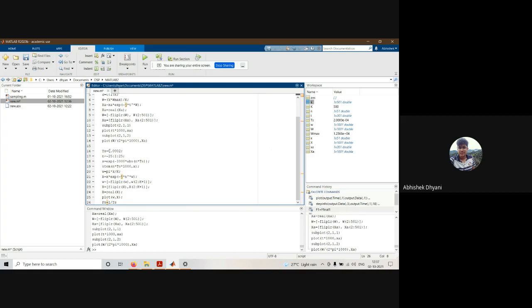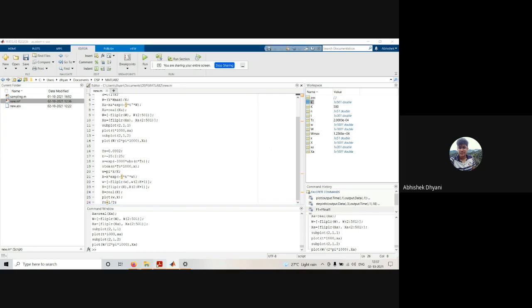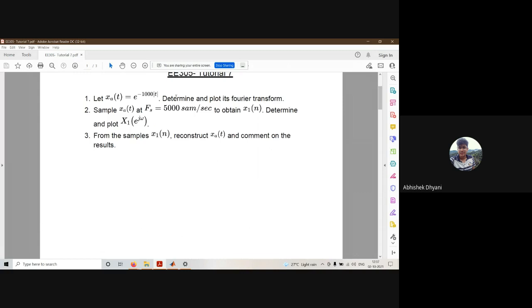Because we know that there will not be any aliasing, since when we sampled, we took the frequency as 5000 samples per second, which is greater than omega here. Capital F was 2000, and that is why f of s is at least twice of that.